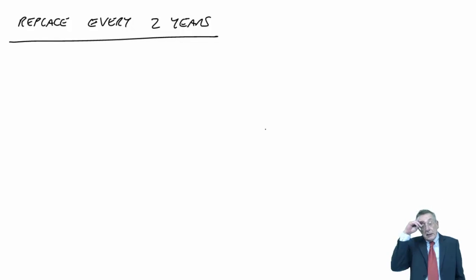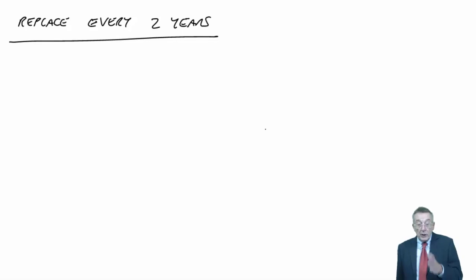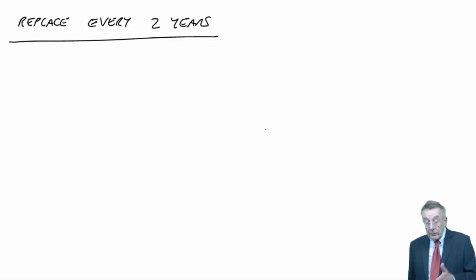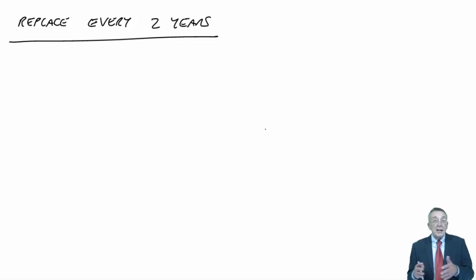Although it's the same approach each time, although I will also cost out 1 year, 3 year, I do suggest, once you've seen what we do to cost out replacing every 2 years, that you pause the lecture and calculate yourself what it will be if it's every 1 year, every 3 year.